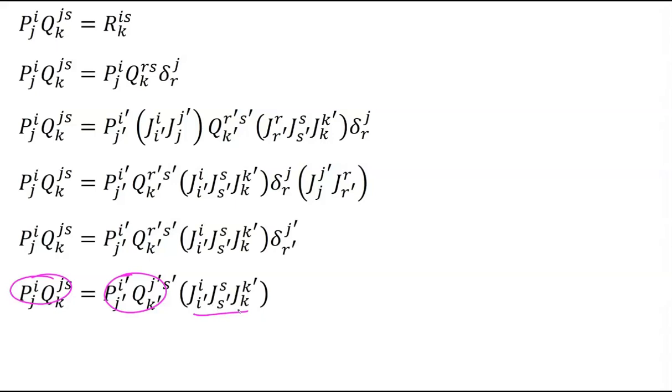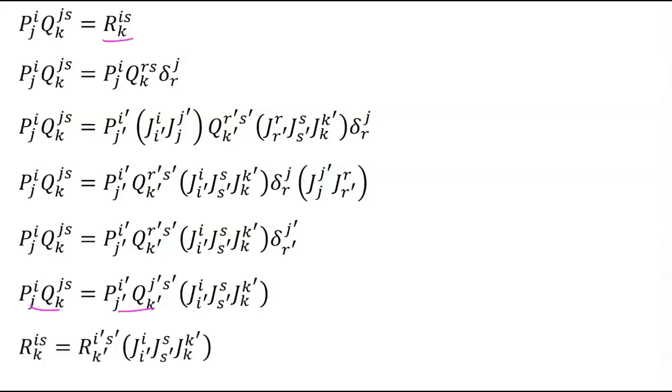And these are the 3 factors that would be needed to transform a third-ranked tensor. Well, now we can simply replace this with its equal here, and this one with its corresponding counterpart. So that gives us the proof we need. R is a third-ranked tensor. It transforms from the prime coordinate system to the unprimed coordinate system using these 3 Jacobian factors.